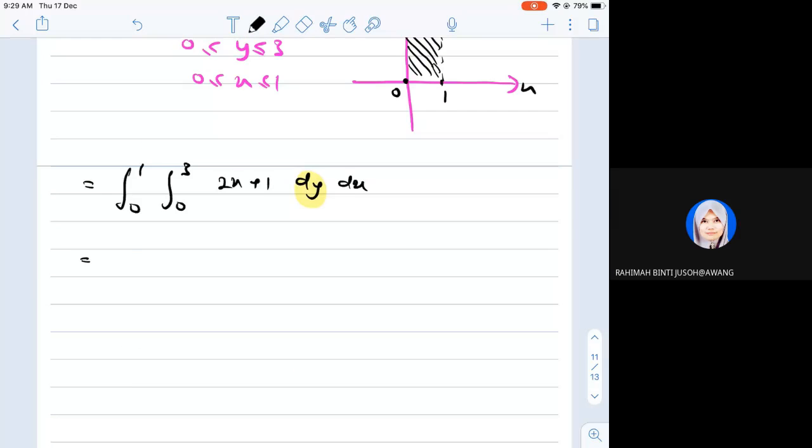So what you should do now is 0 until 1. Integrate 2x with respect to y. 2x is just a constant, so copy it down, and then we multiply with y. Plus, integrate 1 with respect to y is y. Substitute y equals 0 and y equals 3, dx. Did you understand this step? Guys?